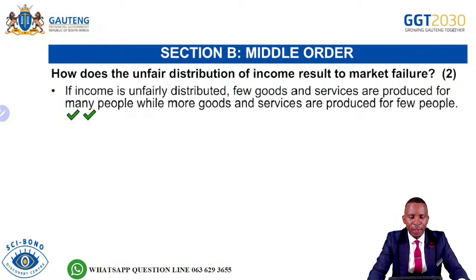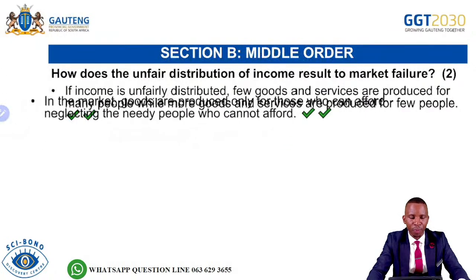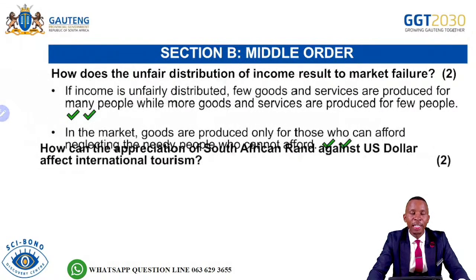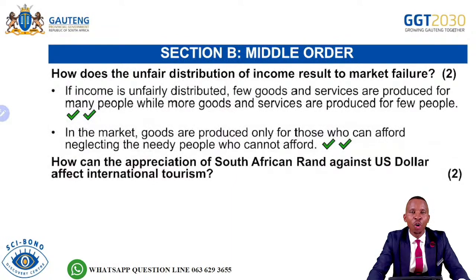So if income is unfairly distributed, few goods and services are produced for many people, while more goods and services are produced for few people. In the market, goods are produced only for those who can afford, neglecting the needy people who cannot afford. So if the market cannot meet the needs of everyone, and only meets the needs of those people that are rich and have most of the money, then the market is failing because it doesn't accommodate all participants in the market.